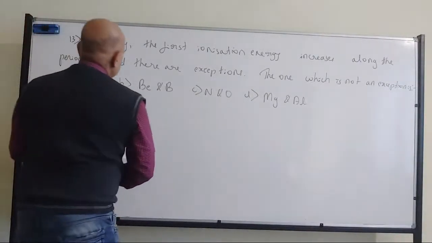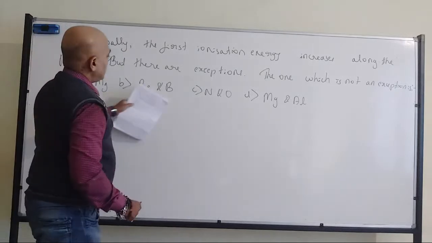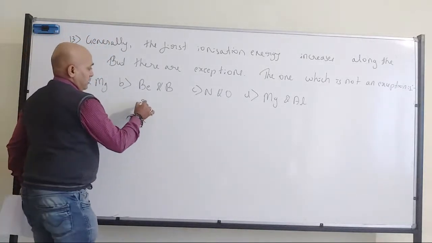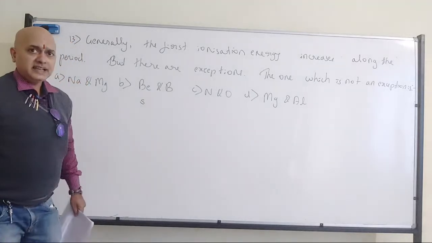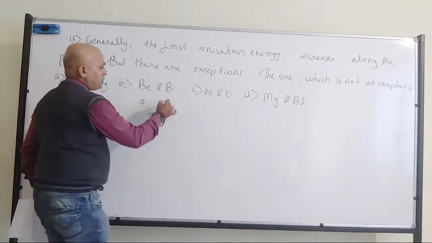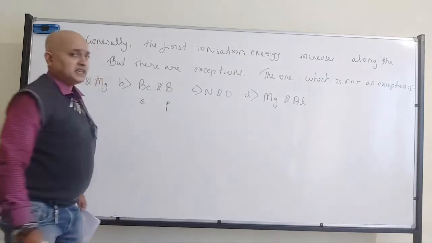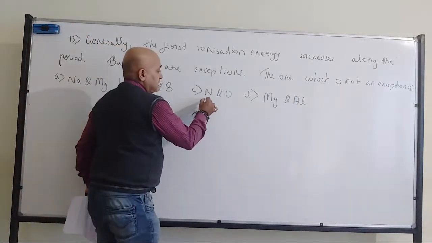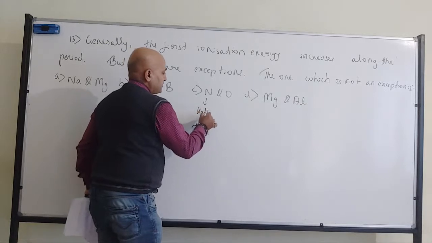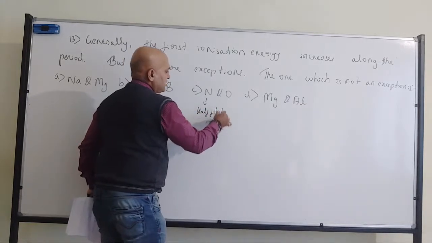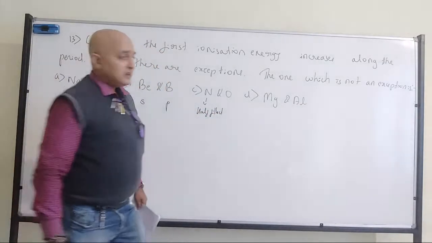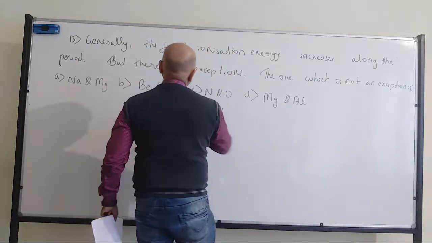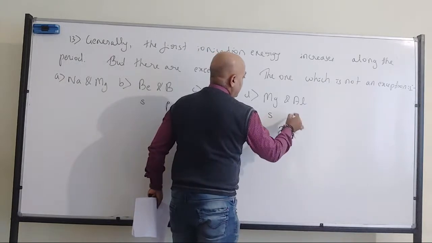That is because when I am talking about beryllium and boron, we have already discussed. Outermost electron from S subshell, outermost electron from P subshell in case of boron. Now nitrogen, it is having half filled stable electronic configuration, right? Exception is that. Same thing, magnesium and aluminium same as that of beryllium and boron.